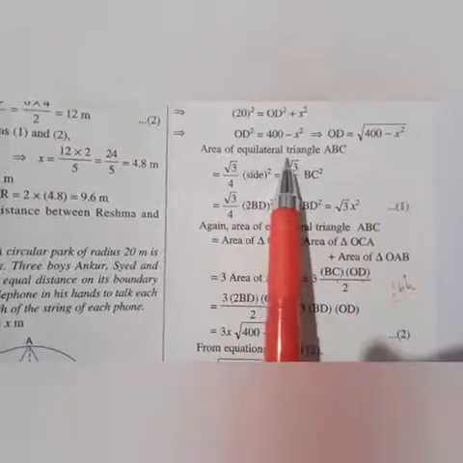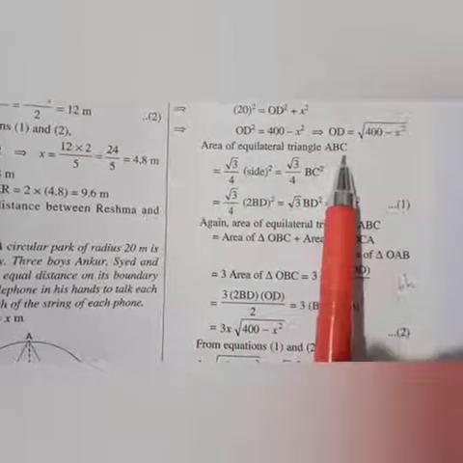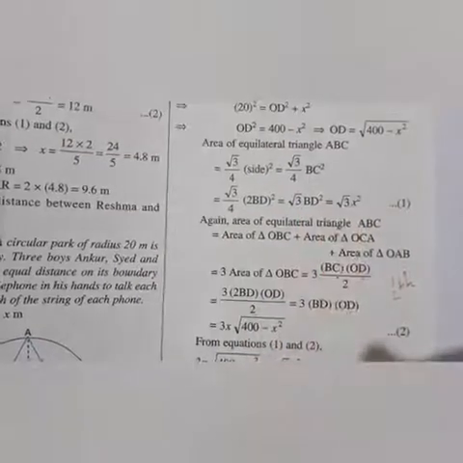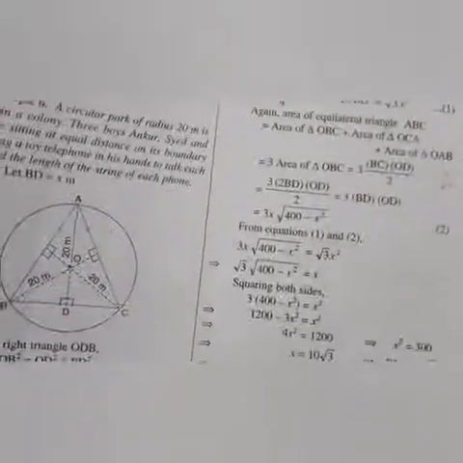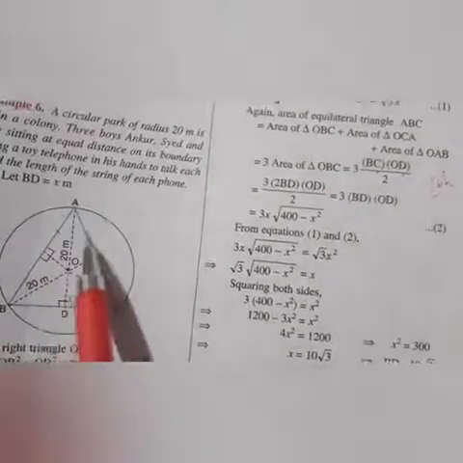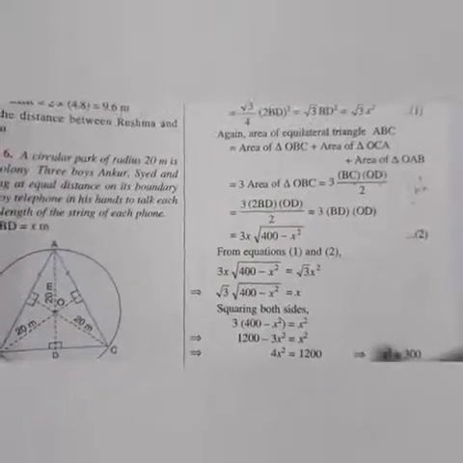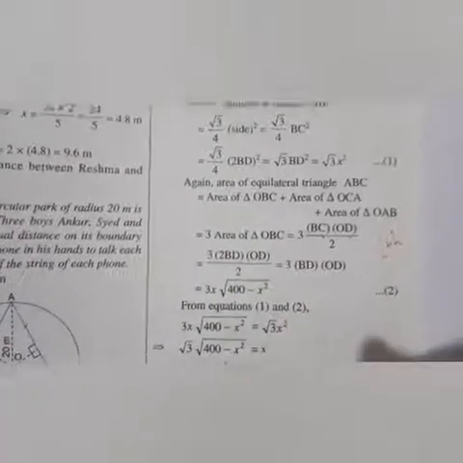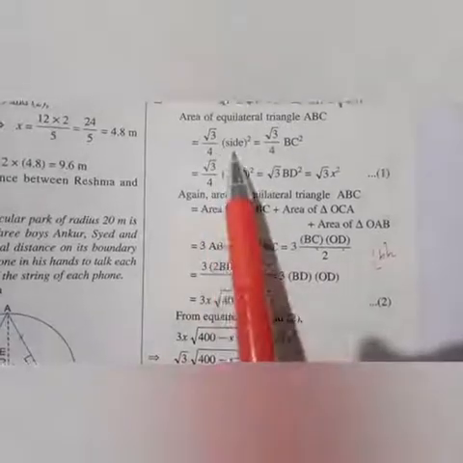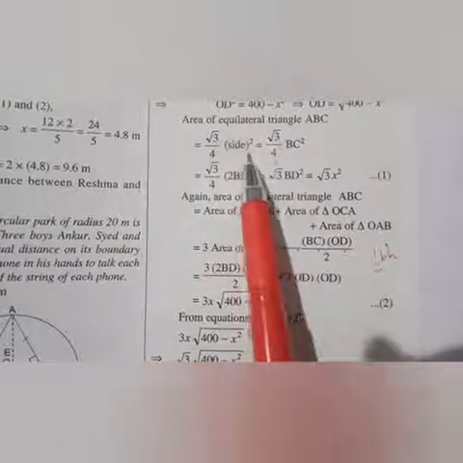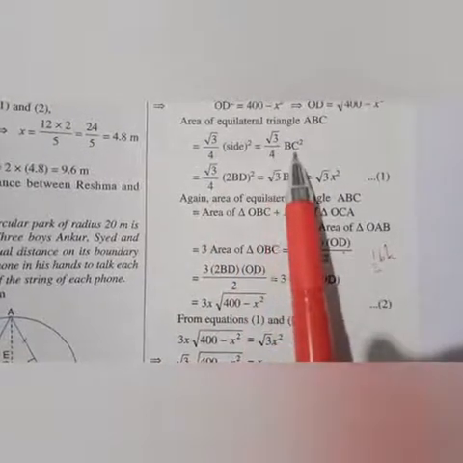Now area of equilateral triangle ABC. That given triangle is an equilateral triangle. So area of an equilateral triangle is root 3 by 4 into side square. So root 3 by 4 into BC square.